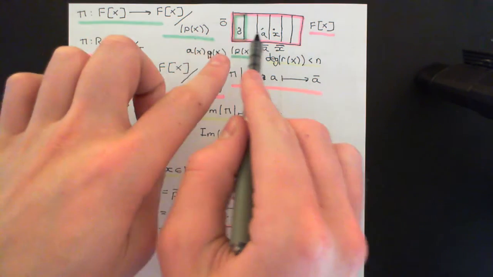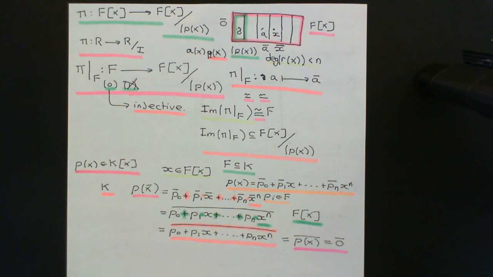Not only does every single coset contain a polynomial of degree less than n, but all of the polynomials of degree less than n are in separate cosets. So in fact we can completely characterize our field extension by these polynomials that are in the ring of polynomials over the original field capital F that are of degree less than n. And that's what I want to convince you of first here.